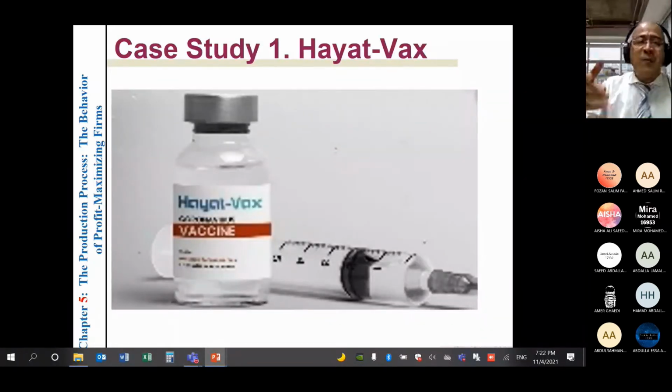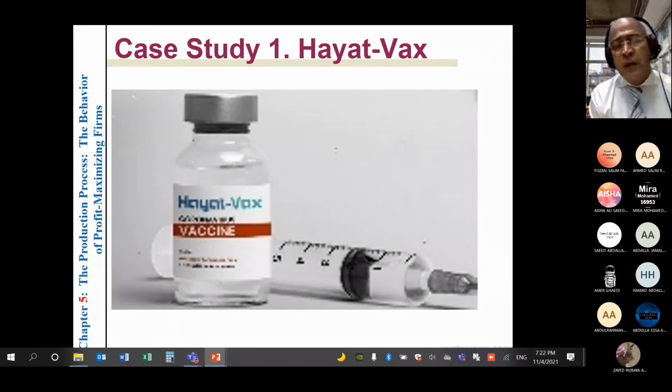Let me summarize the story written as the introduction to case study 1. So the vaccine is produced by a Chinese company. And there is a consultancy company in Abu Dhabi called 5G, which made an agreement with the Chinese company to produce the vaccine in the UAE.